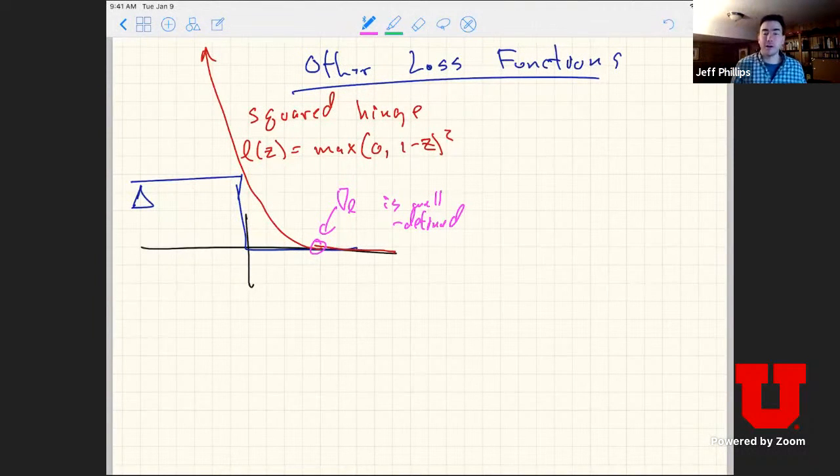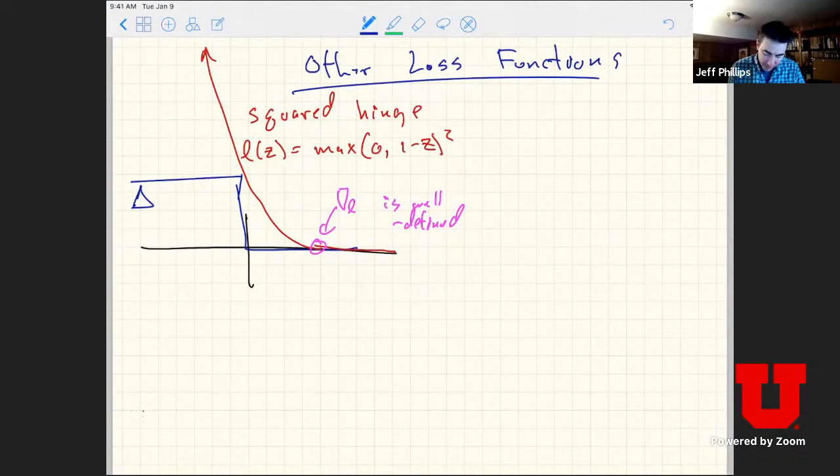So the gradient is well defined everywhere now, and I'm getting something like sum of squared errors again. But the errors are increasing. So outlier points, misclassified points, are having a much bigger penalty than I did before. And so it's more susceptible to outlier points as opposed to the points closer to the boundary. Okay, so that's one approach.